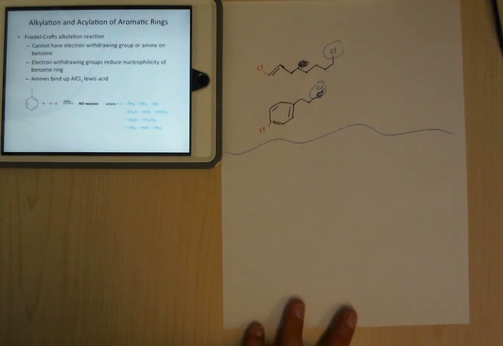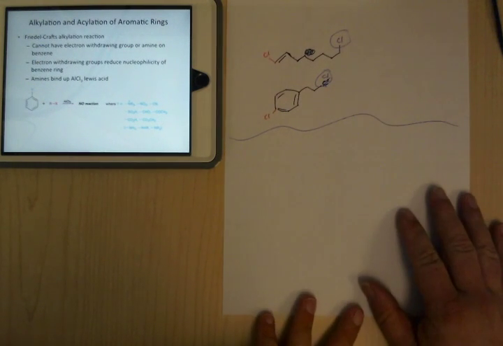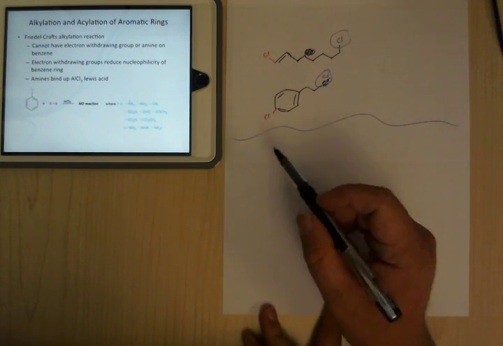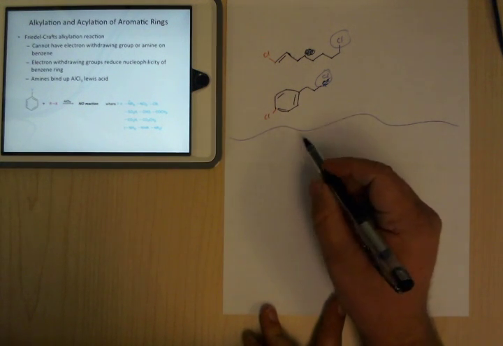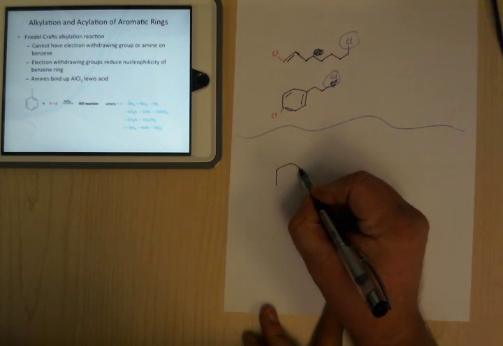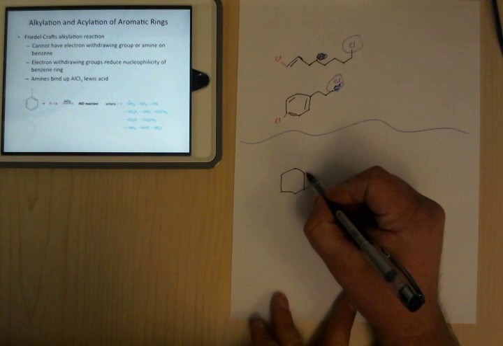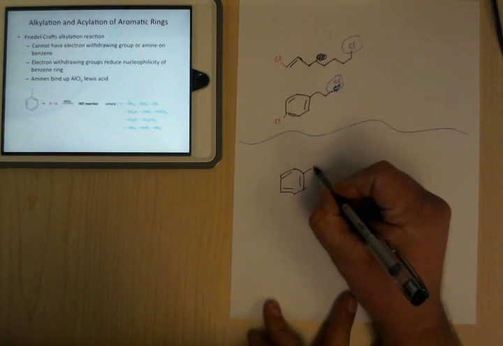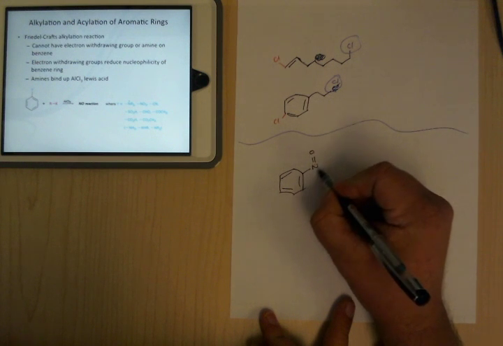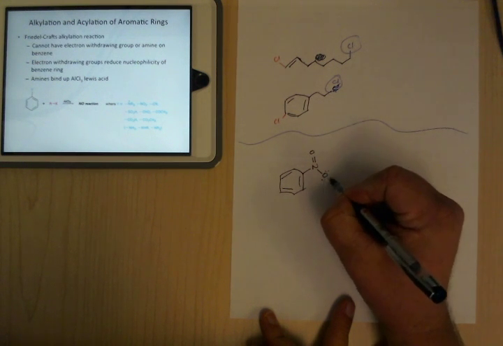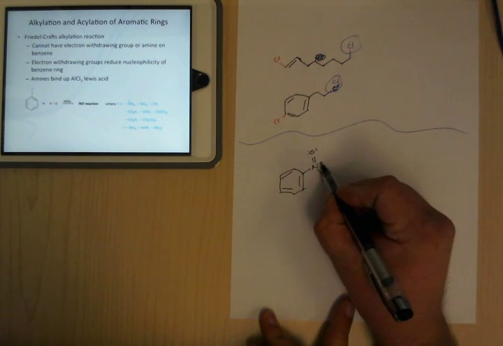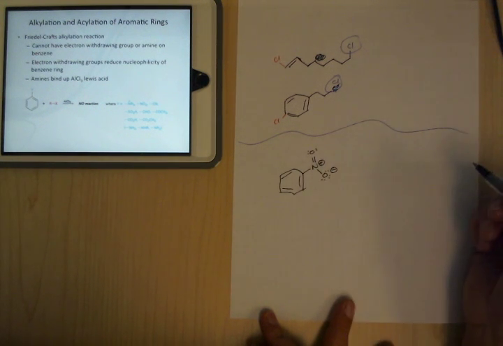Okay, so there are some quirks about this. We're going to be talking a little bit more about what are called electron withdrawing groups. Basically, let's say I have a nitro group. If you draw this out with all of the lone pairs, notice how this is a positive charge and that's a negative charge.